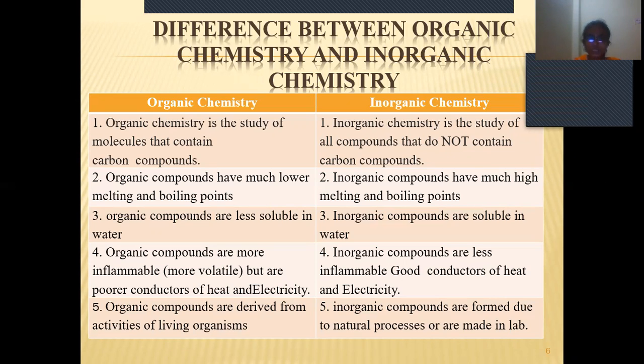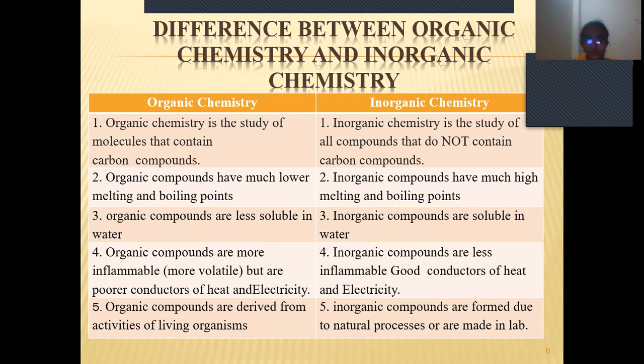The second point is that organic compounds have a low melting point and boiling point when compared with inorganic compounds. Inorganic compounds have high melting and boiling points, and organic compounds have low melting and boiling points, meaning they melt and boil easily at very low temperatures.